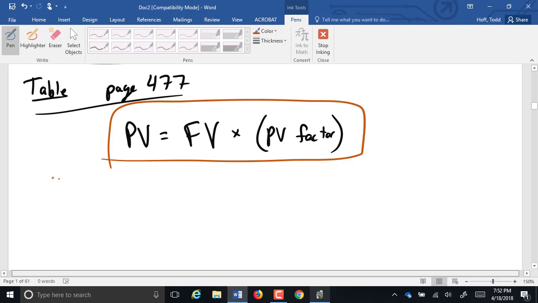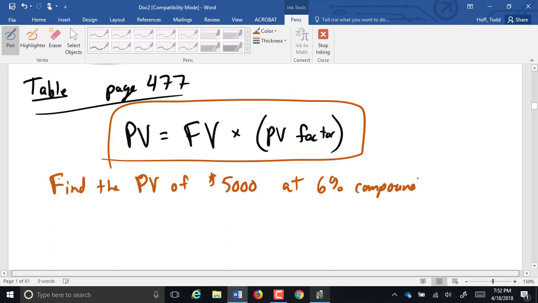So let's say find the present value of $5,000 at 6% compounded, I gotta look at that table just to make sure I got a percent that's going to be in the table. Just like our future value table, the big weakness here is not all the percents are in it. We'll do compounded monthly for, I guess, 2 years.